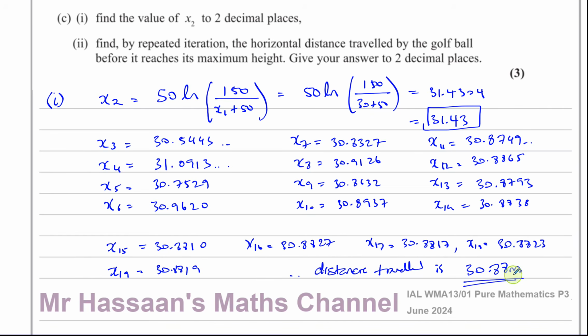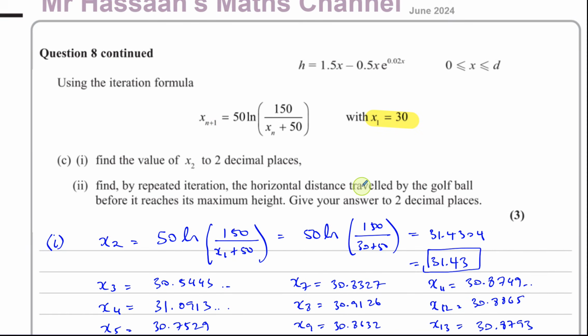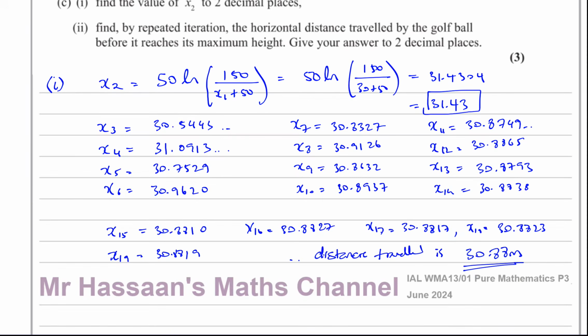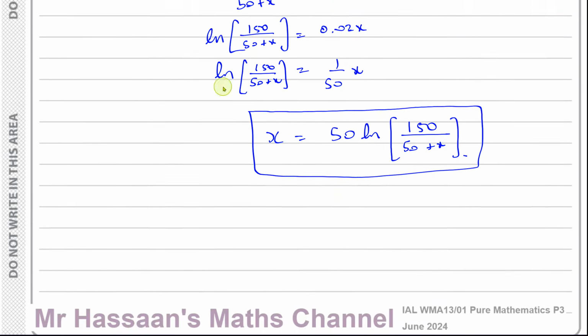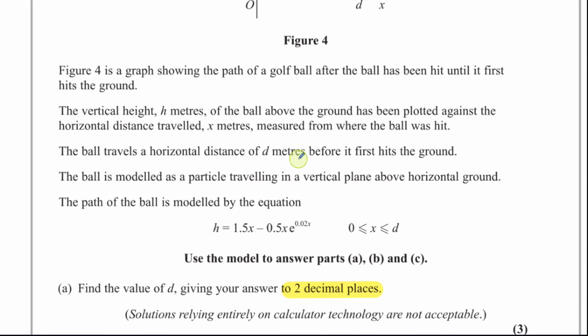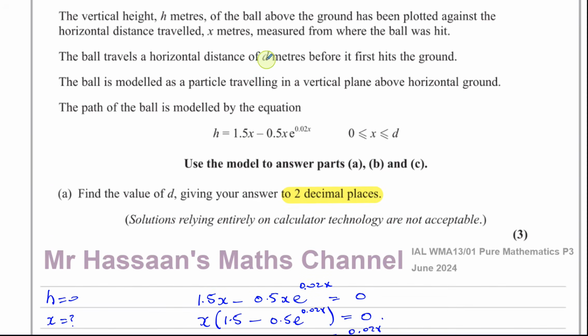Now here you should put meters because they're asking you for the distance traveled. It's not asking you for what x is equal to, and x is defined as the distance it moves, for example. Like in the first question, in part A, it says find the value of d to two decimal places, and d is defined as d meters.